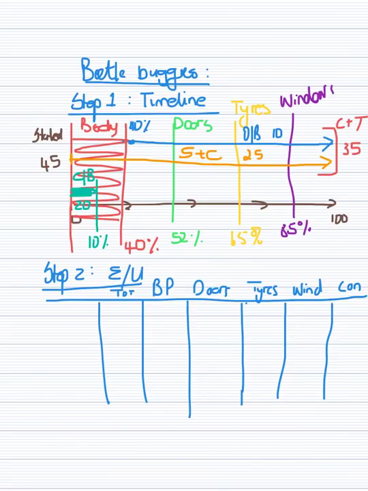Now, in step 2 equivalent units, we want to determine for opening balance, units started and completed, and for closing balance, did those items receive body parts, doors, tires, windows, and what is the percentage of conversion?